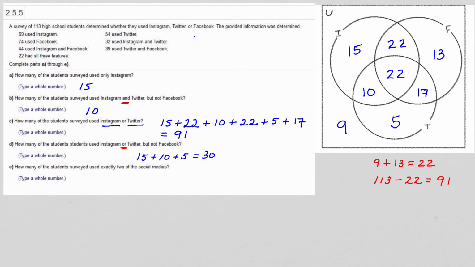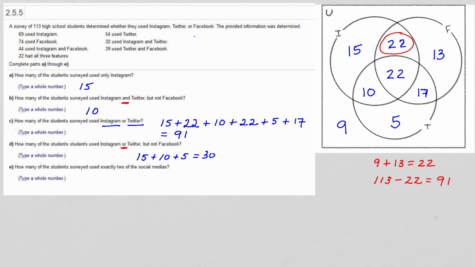Okay, now we want to know how many of the students surveyed used exactly 2 of the social medias. So now I'm looking for anyone who used Instagram and Facebook but not Twitter. So that would be this area. That's 22 people who fall into that category.